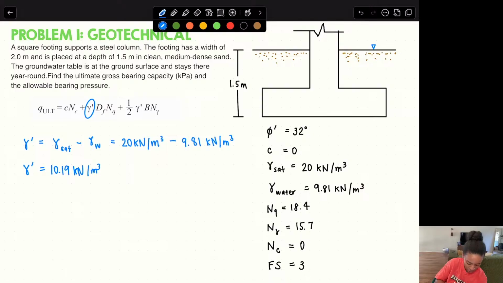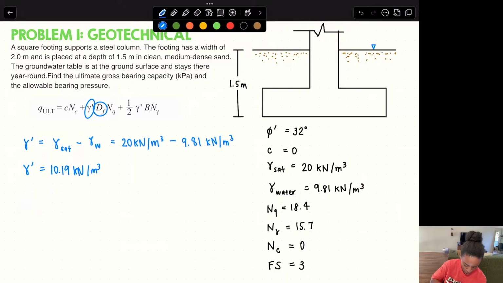So that's going to be Q equals the effective unit weight times the depth of the footing. So we are looking for this value here. These multiplied together is going to be that value.